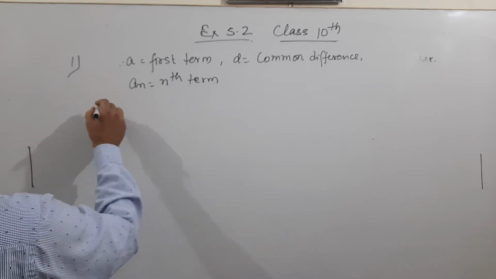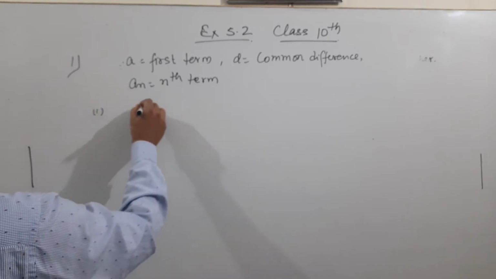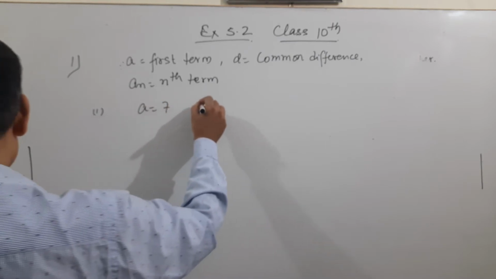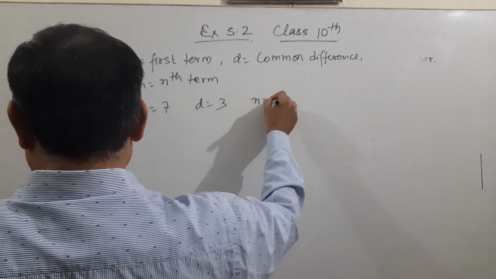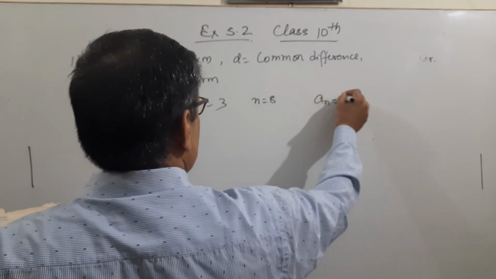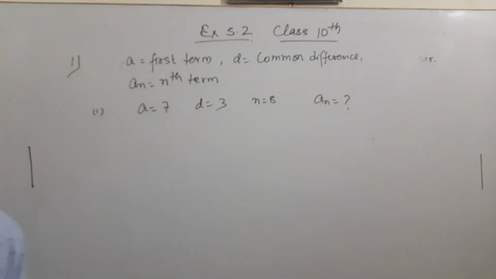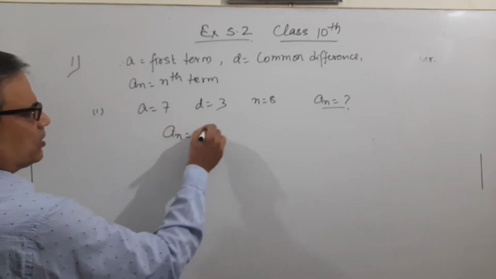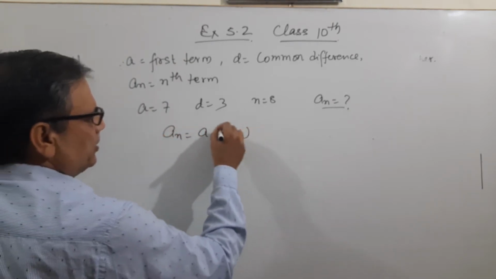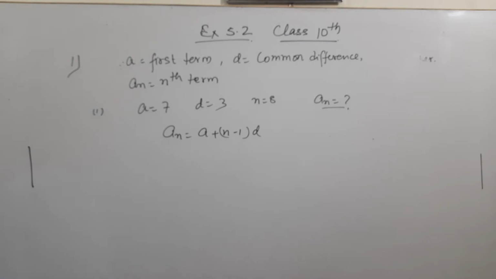The first part: A is equal to 7, D is equal to 3, N is equal to 8, An is the question mark. We have to find An.